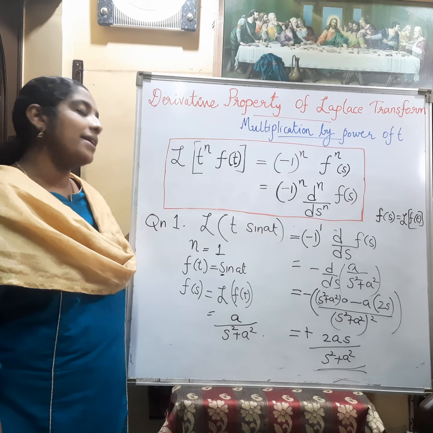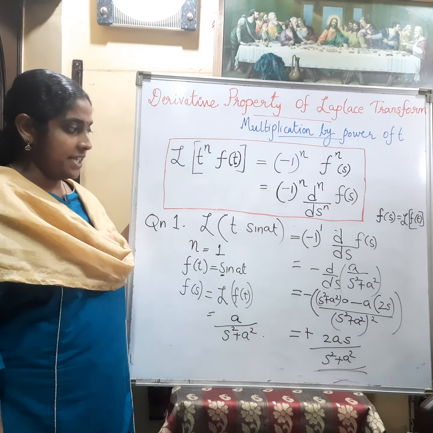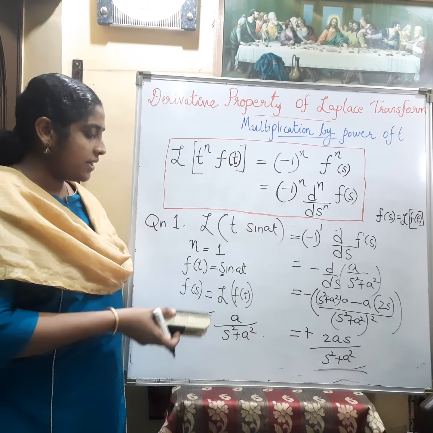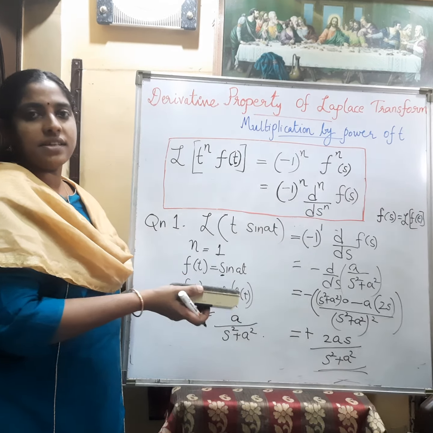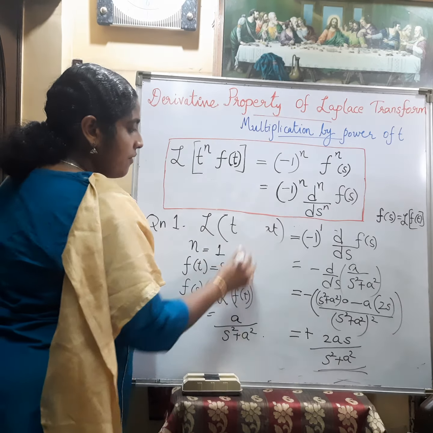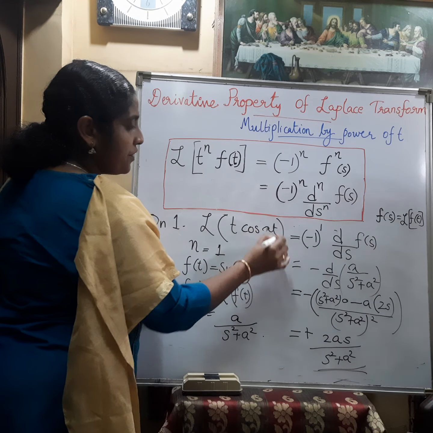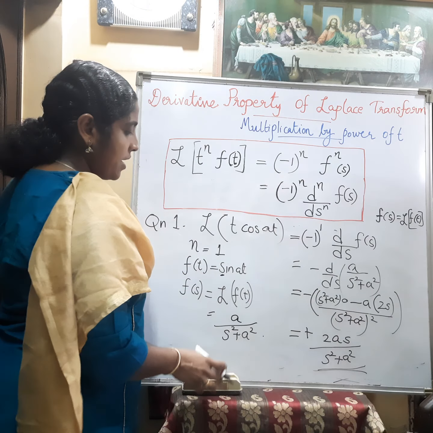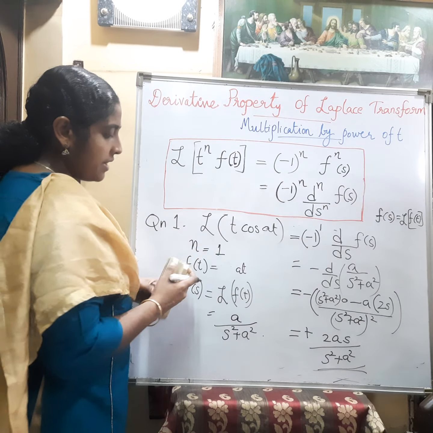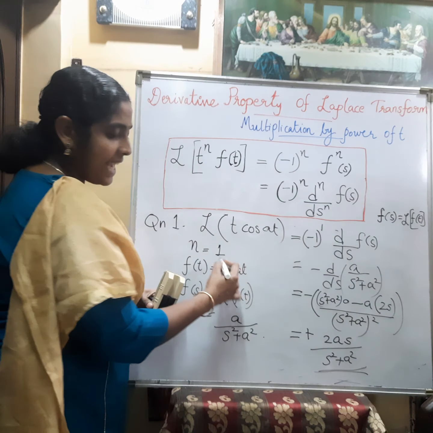What will be the Laplace transform of t cos at? Now we can follow the same method. The only thing is that the f(t) is changing to cos at. So here n is equal to 1, but only the function is changing, that is the function is cos at.